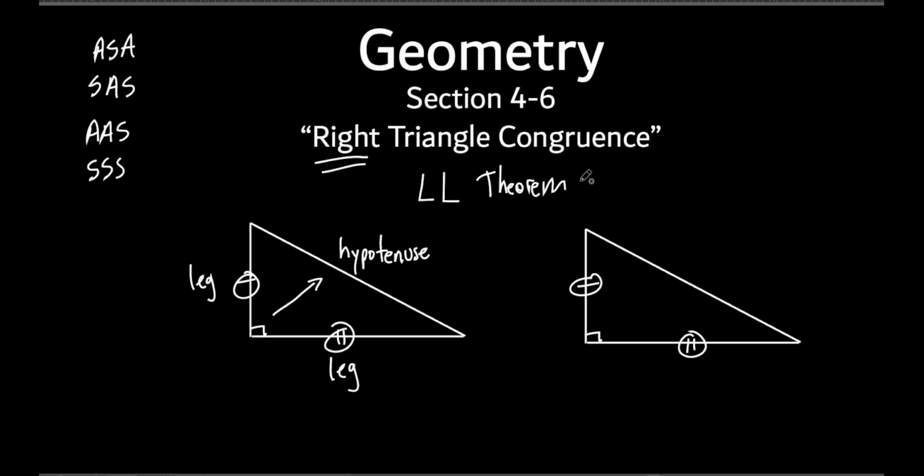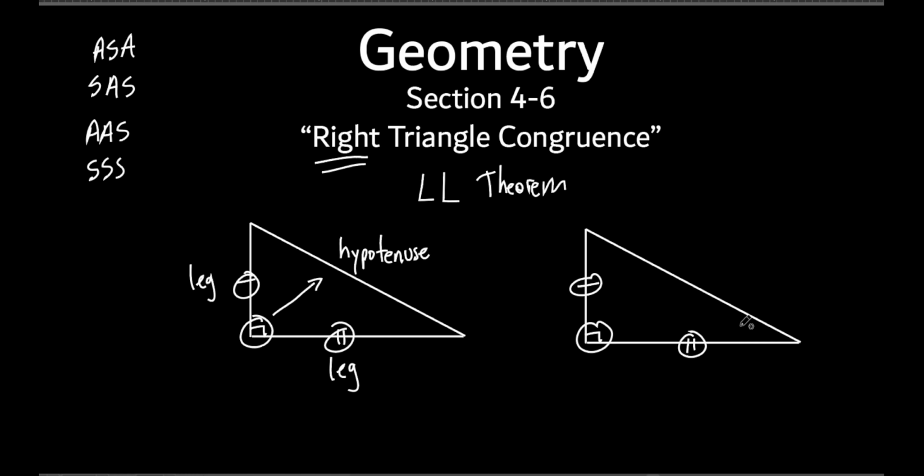Again, that's the redundancy, right? We've already talked about side angle side. So why can't we just call it side angle side? Well, technically, this is kind of weird, but technically they didn't tell you that this angle was equal to this angle. Did they? They didn't really say that they're equal to each other, but they did say they're both equal to what? 90, and 90 and 90 are equal to each other.